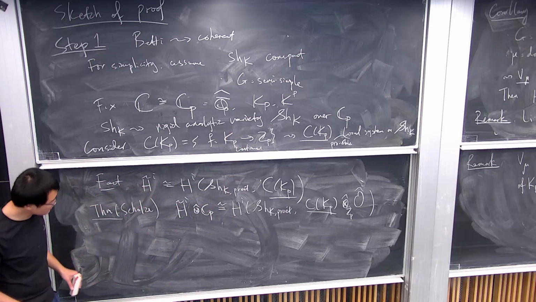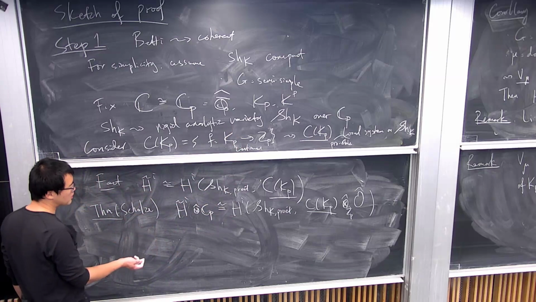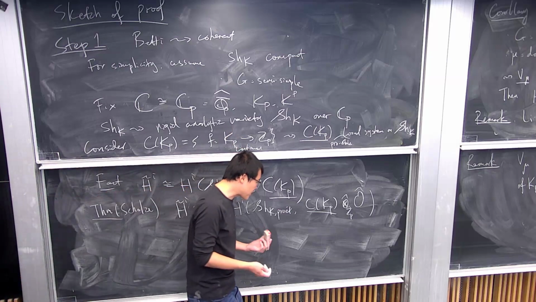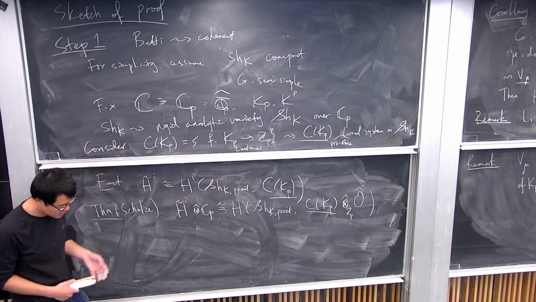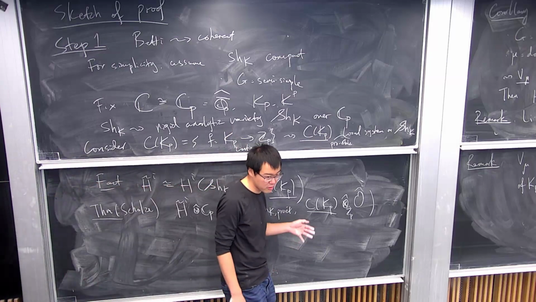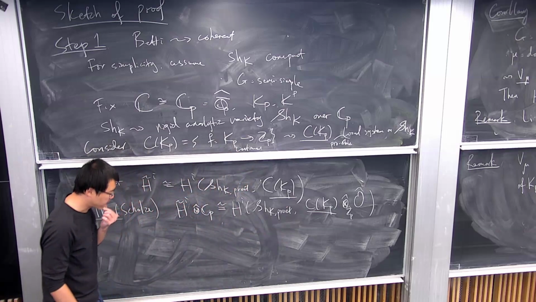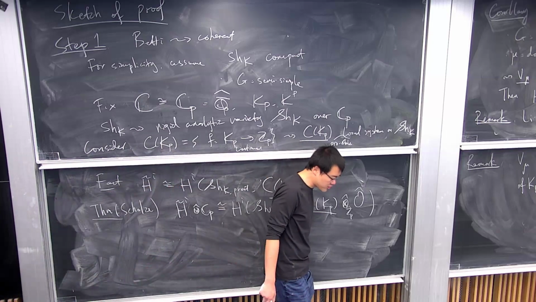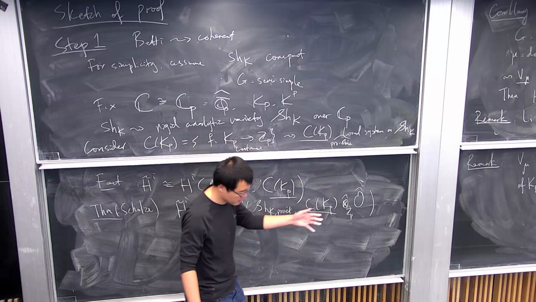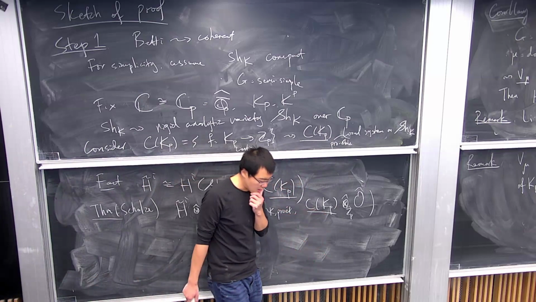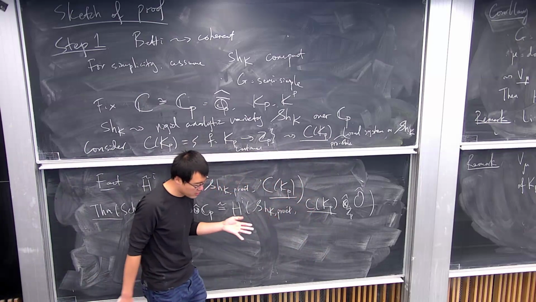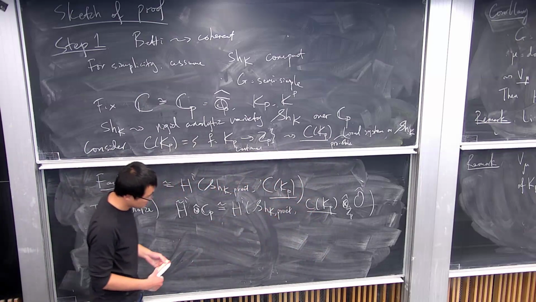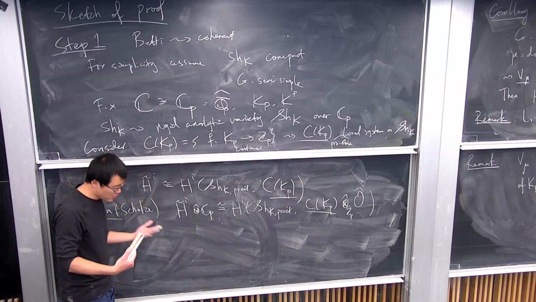That's the first step. Step two is that we need some vanishing result in coherent cohomology. At least for me, the most powerful such vanishing result, at least over complex numbers, is the Kodaira vanishing theorem. But it was known for a long time that Kodaira vanishing fails; there are counterexamples in characteristic p. But very recently, Bhargav Bhatt proved an almost Kodaira vanishing result in mixed characteristic.